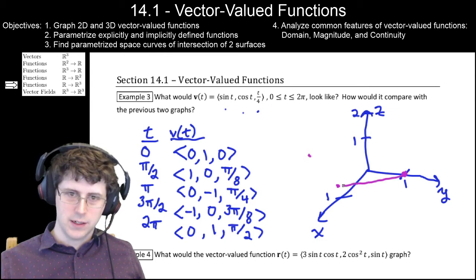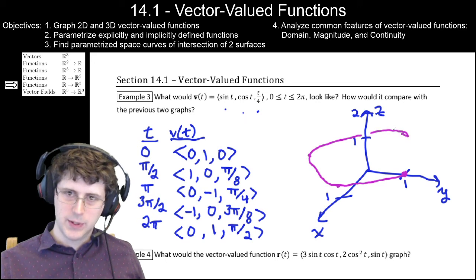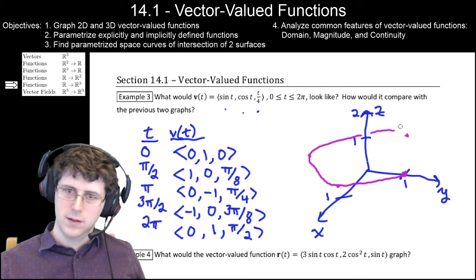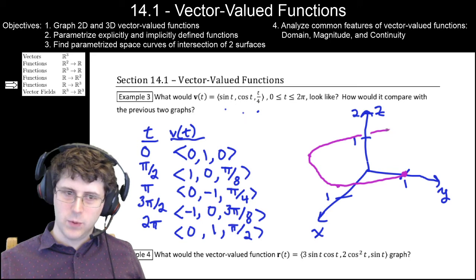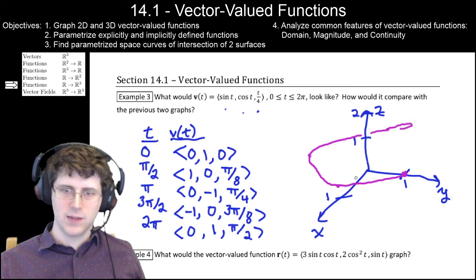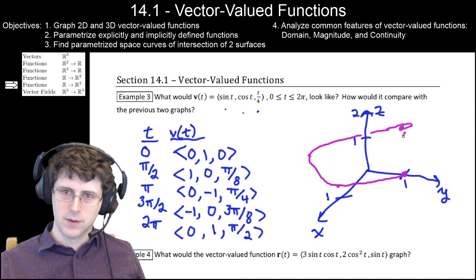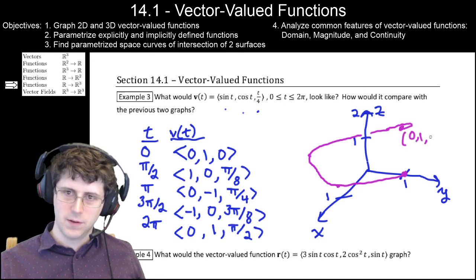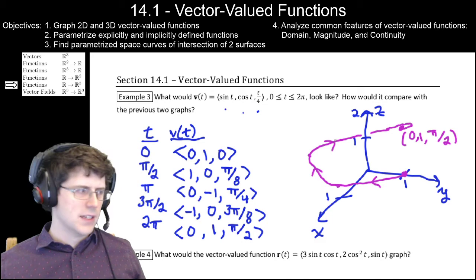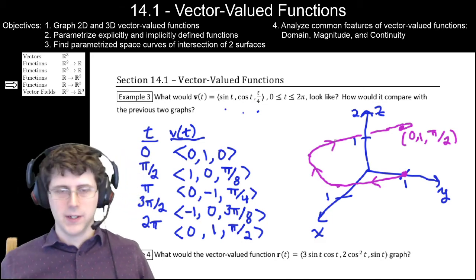So we're spiraling around. And we come back up to the top, to the same x and y that we started with, when z is pi over 2, which is about 1.5. So this is the first loop of a spiral.